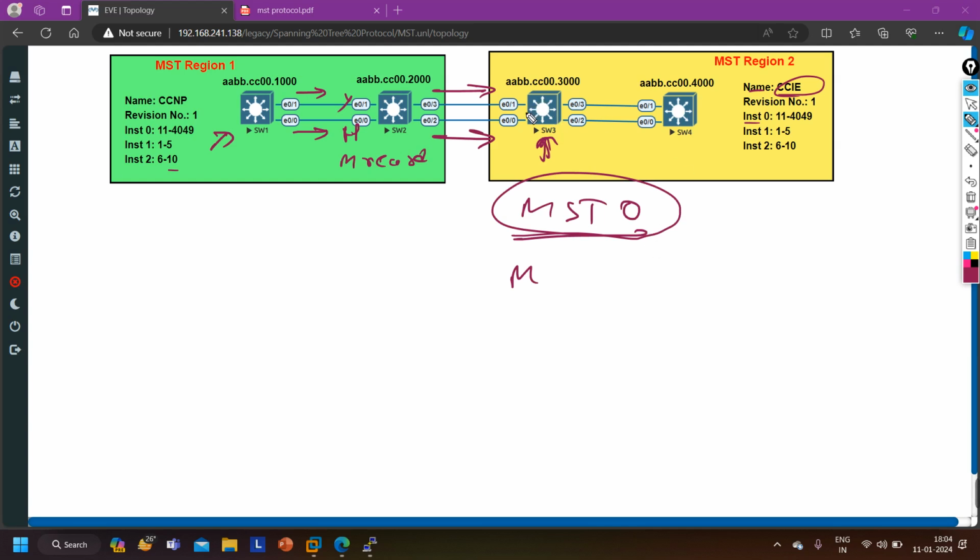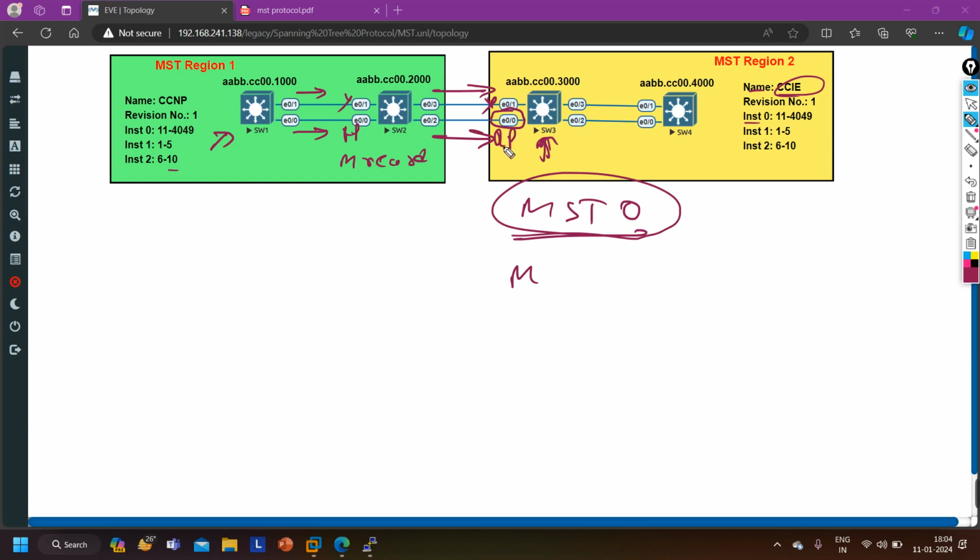So on switch number 3, this port will become RP for MST 0, and this port will become alternate, the alternate port 0/1. And now switch 3 will forward traffic of all VLANs from this port only, from the 0/1 port.